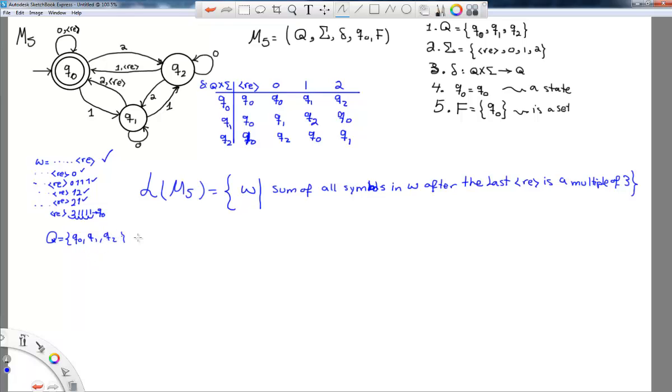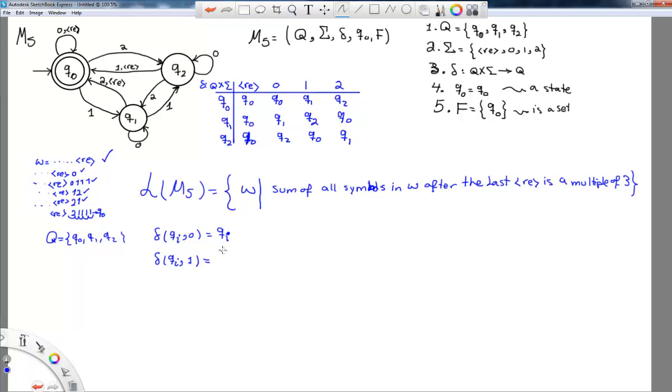So if you look at a delta of Q sub I and 0, it's going to be the same state, which is Q sub I, right? So if you are in some Q sub I and you see a 0, you stay in the same Q sub I, right? How about the delta of Q sub I and 1? Let's take a look at Q sub 0. Q sub 0 and 1 goes to Q sub 1. Q sub 1 and 1 goes to Q sub 2. Q sub 2 and 1 goes to Q sub 0.